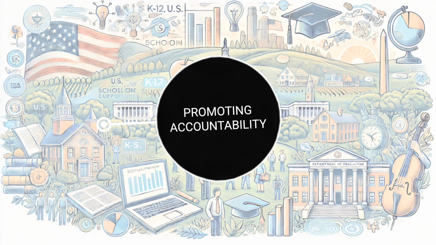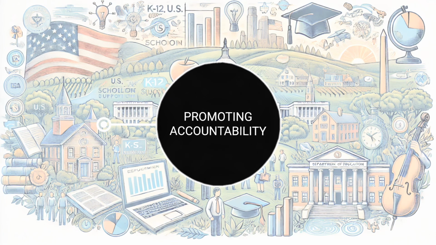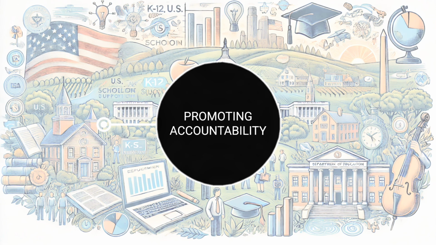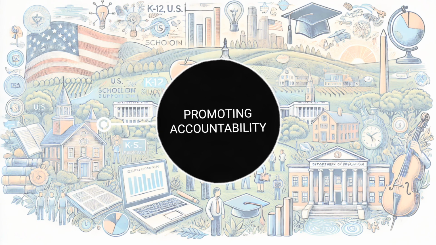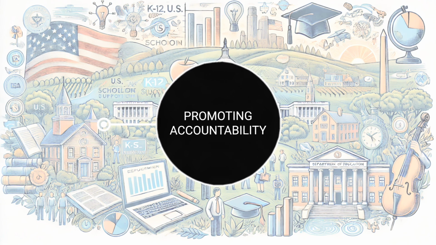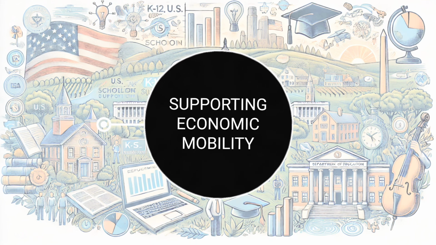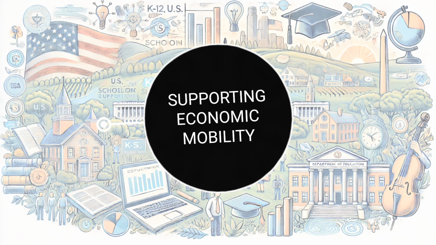Promoting accountability. Through data collection, research, and policy enforcement, the department helps hold schools accountable for student performance. This encourages schools to strive for better outcomes and ensures that federal funds are used effectively. Supporting economic mobility. Education is a powerful driver of economic mobility.